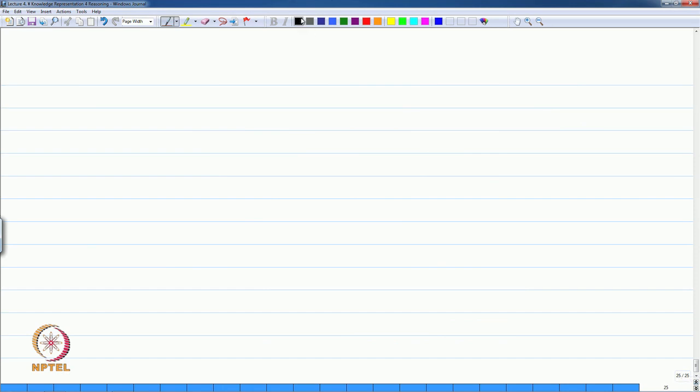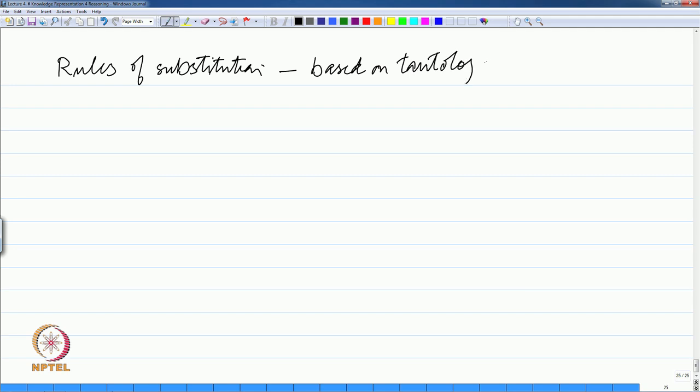So, before we move on, we should also look at rules of substitution, because they are often very handy devices. These are based on tautological equivalences.